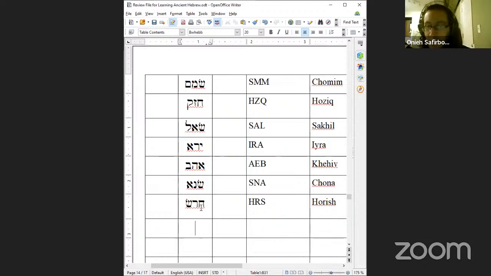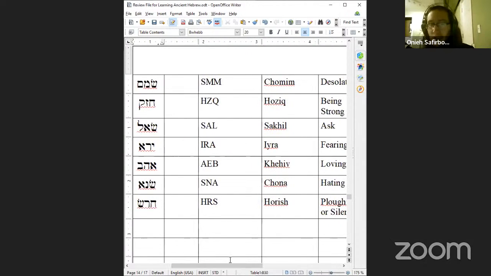So what's interesting with this harish, there's some variants where the Masoretic is translated as the one, and then the Septuagint translates it as silent instead of plow. So that's interesting.